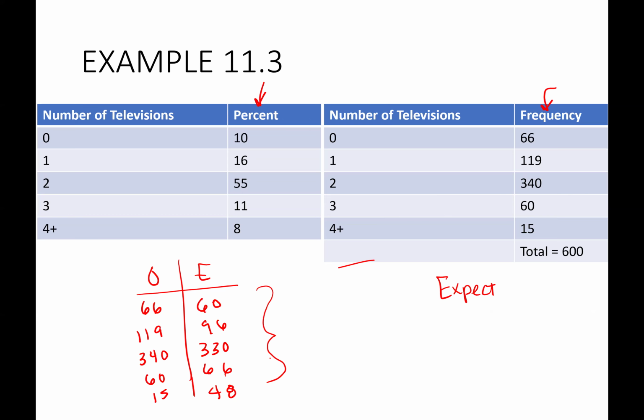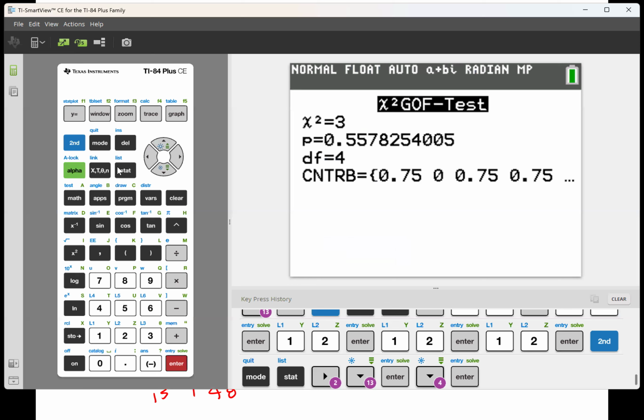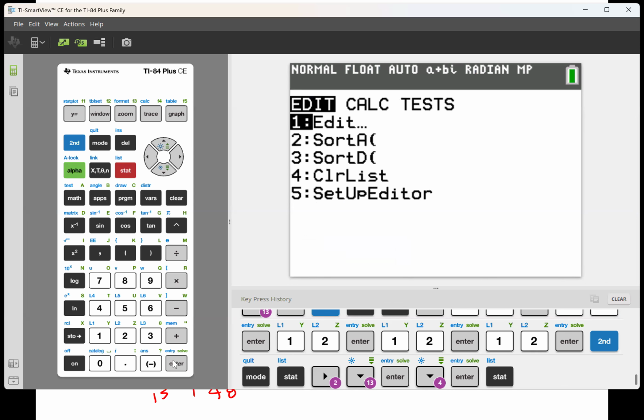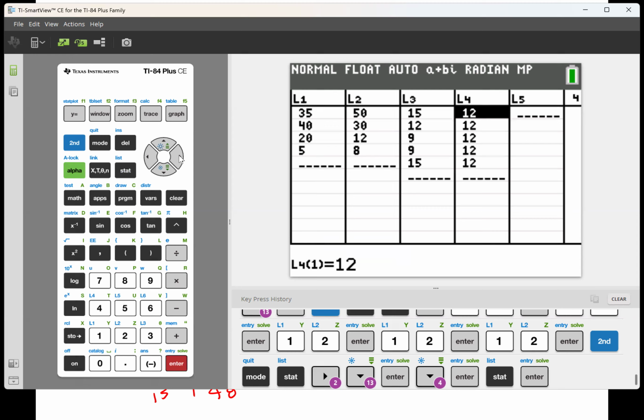So I'm going to put this data in my calculator. I'm going to put my observed in a list and my expected in a list. Stat, edit, so we might as well use 5 and 6.